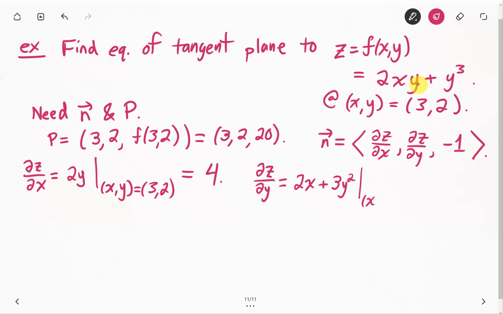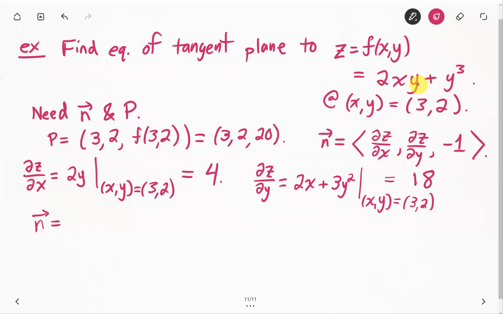We'll evaluate that again at (3, 2). We get 2 times 3, which is 6, plus 3 times y squared. It's 3 times 4, which is 12. So we'll have 6 plus 12, which is 18. So those are our two derivatives.